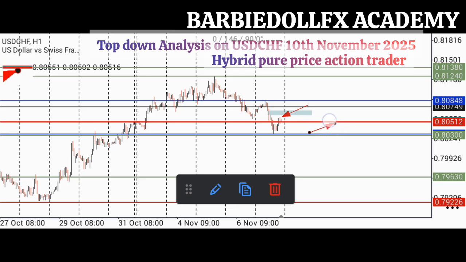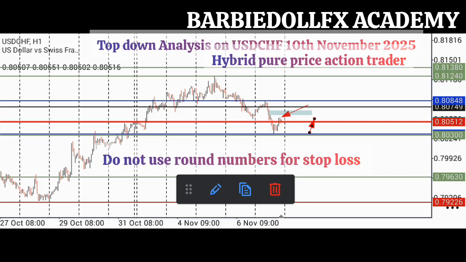You can do the round figure. Okay, let's say 8050. Let me not include the 12. Then add like 15 pips to it, because you know that the institutions target round numbers, so don't use round numbers for your stop loss. I'm going to write this: don't use round numbers as your stop loss.